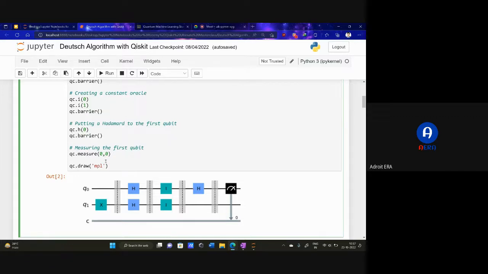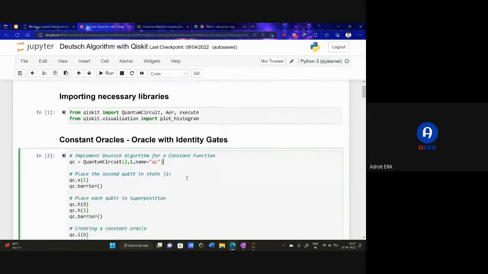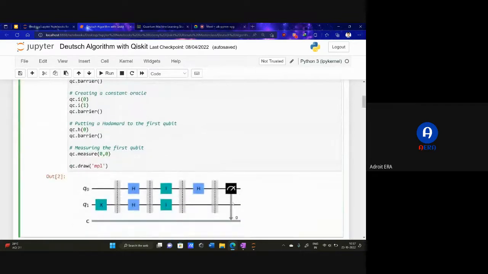And then you measure the zeroth qubit, the first qubit, to the zeroth classical bit, because we have only defined one, since we only need to measure the first qubit. If we define two, that means we have the option of measuring the second as well, but that's not part of the algorithm. The second qubit has the ket minus state here. We don't need that.